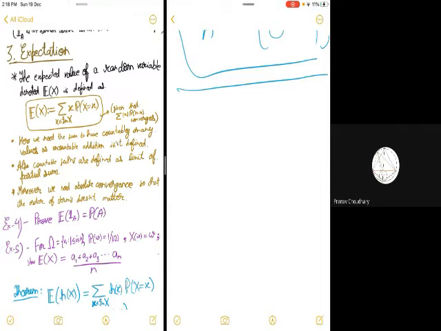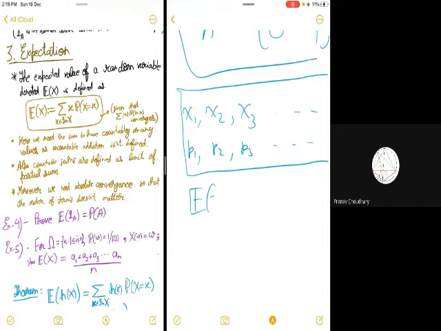Suppose that our random variable takes values x1, x2, x3 and so on with probabilities p1, p2, p3 and so on. Since our random variable is discrete, we can do this in this way. Our expectation of X is defined to be just the summation of xi pi.